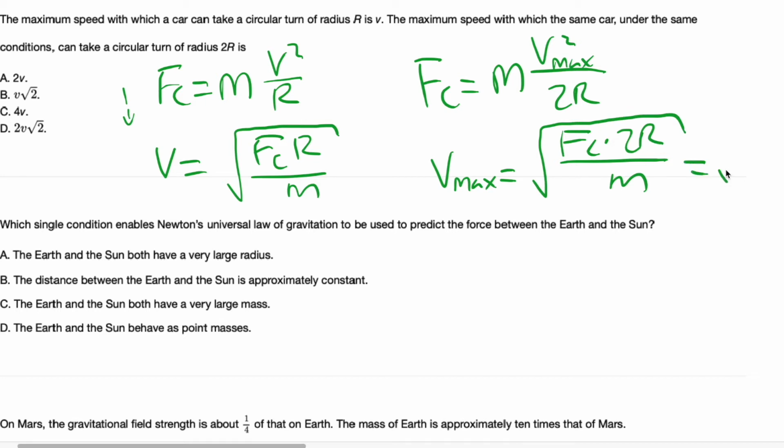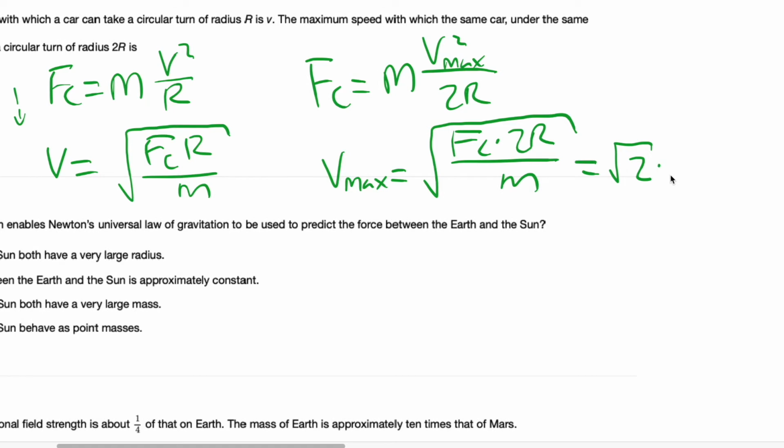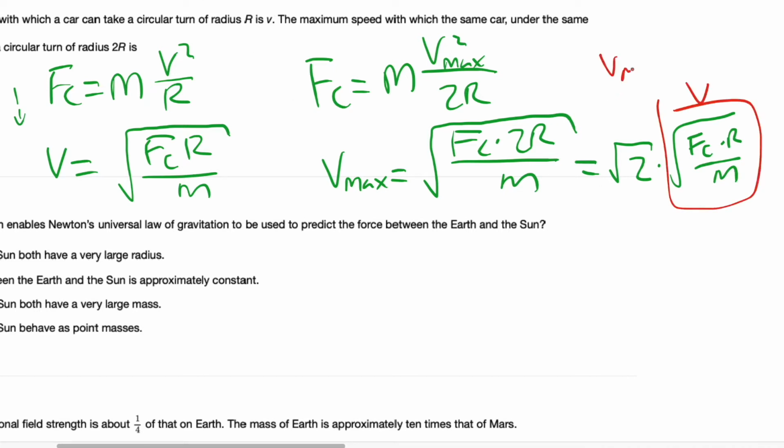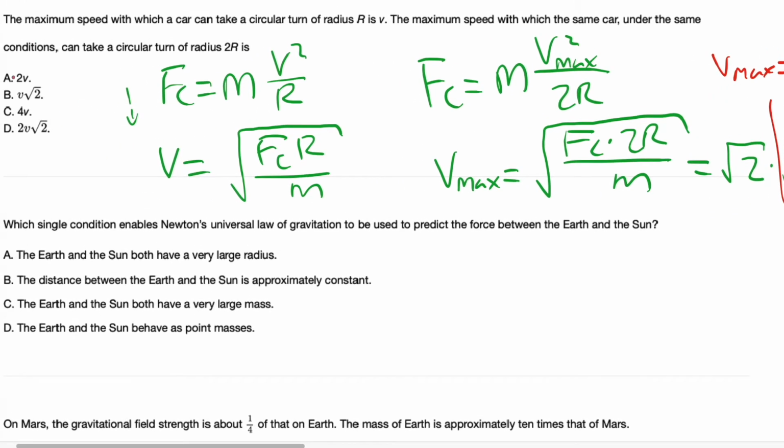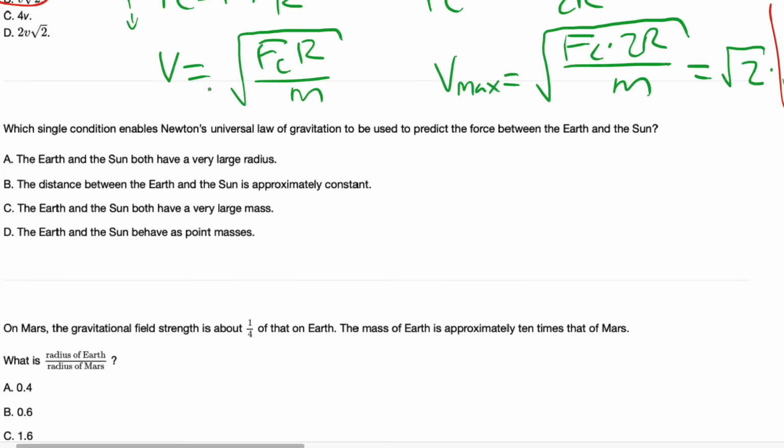And this is going to be equal to the square root of 2 multiplied by the square root of centripetal force times radius divided by m. And here this part is equal to v. So the whole thing is going to be equal to the square root of 2 multiplied by v. So the answer is B.